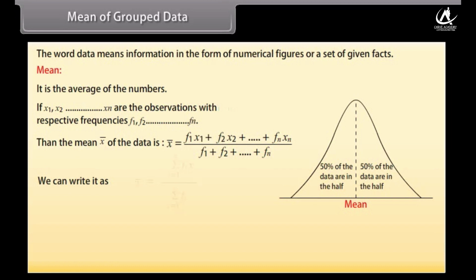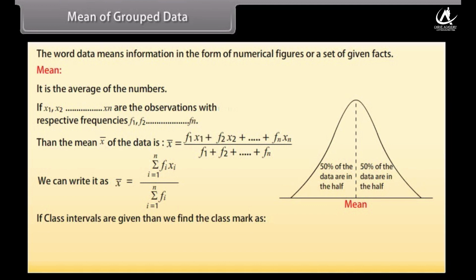We can write it as x bar equals summation from i equals 1 to n of the product of fi and xi, divided by summation from i equals 1 to n of fi.